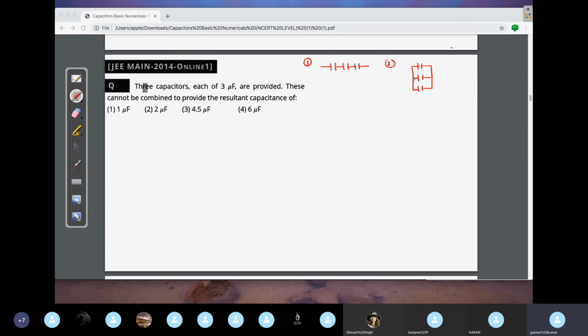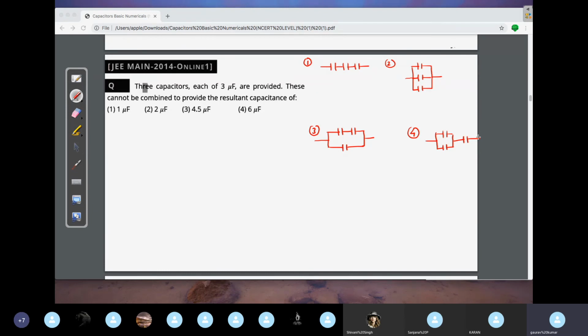Third possibility is to connect 2 in series and then connect one in parallel to this. And the fourth possibility is to connect 2 in parallel like this and then connect the third in series. So with three capacitors, these are the only 4 possibilities that you can do here.